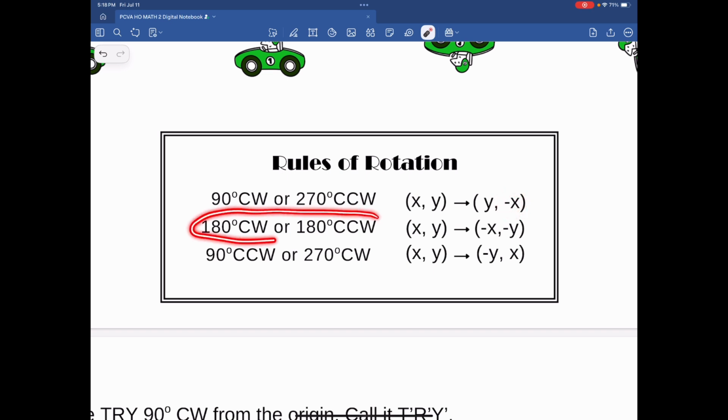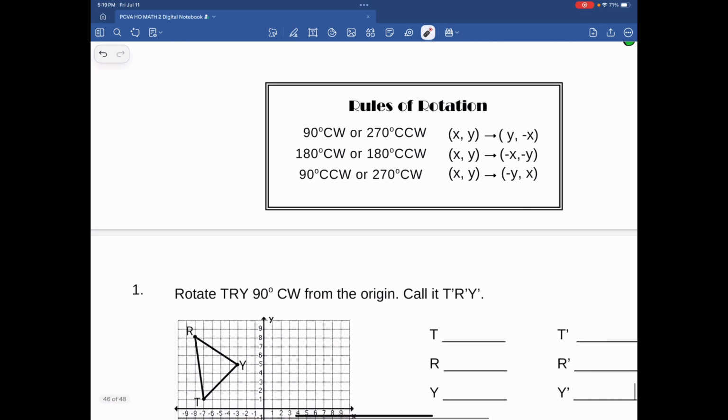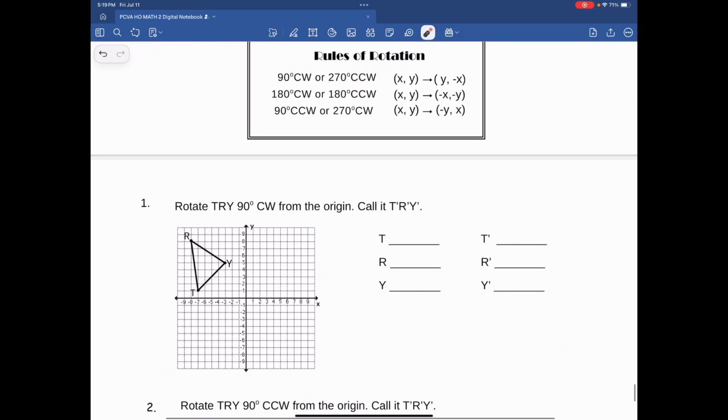If I rotate 180 clockwise or counterclockwise, you just inverse the X and the Y. And then 90 degrees counterclockwise and 270 clockwise, you do the exact opposite. You're going to flip the X and the Y, but then the Y is inversed. These are really important rules that you've got to know.